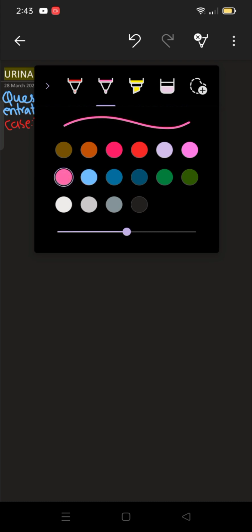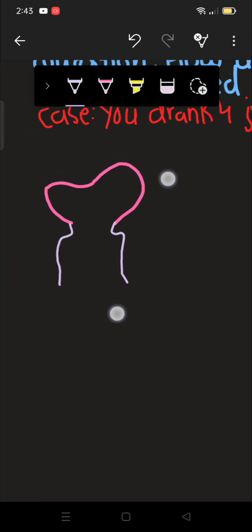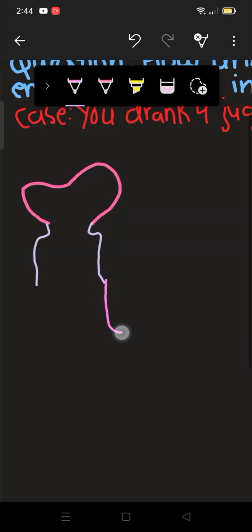Okay, so here I'm going to make the diagram of the nephron so that I can tell you what will happen here. Here we have Bowman's capsule. Now we have PCT. This is PCT. And here we have the descending loop of Henle.